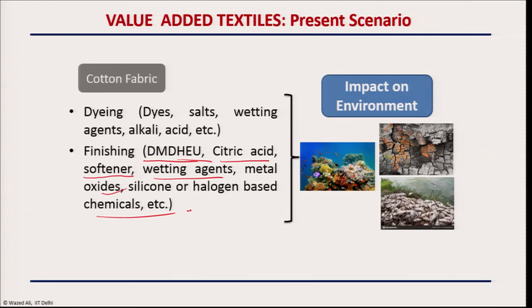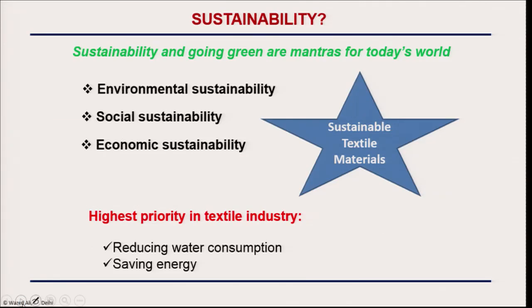This range of chemicals gives various functional properties, that is true, but at the same time these chemicals cause a lot of pollution in the environment. It has an enormous negative impact on aquatic life, aquatic animals. So, this is a real challenge for the textile industries, especially the textile chemical processing industry.